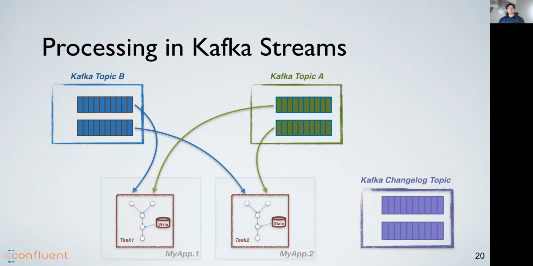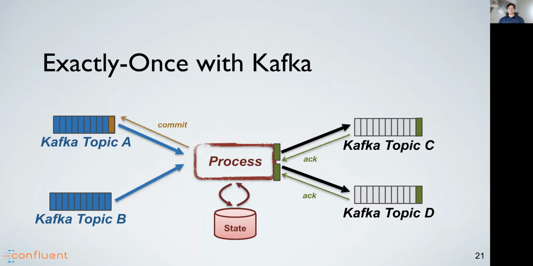In addition, the local state stores of the instances are backed up with other Kafka topics called the changelogs. This is similar to the write-ahead logs in databases, whereas here the changelogs are replicated inside Kafka and hence are highly available. As a result, the changelogs themselves can be viewed as a durable source of truth for the processing states because they can always be restored by replaying the changelogs.